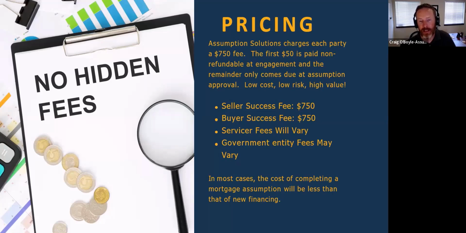And the remaining $700 per side is billed out only if you get assumption approval and clear to close. We like to think that's very low cost, low risk, high value. So you've paid $50 as a buyer, $50 as a seller, and then if you get to the point where it's a thumbs up, you can do this deal, you pay the remainder of the fee. We think that's very reasonable.